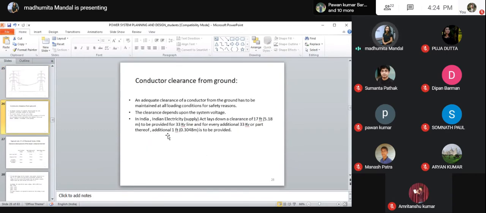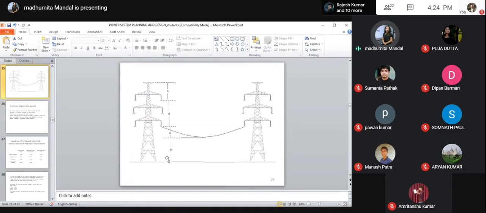Let us discuss the clearance from the ground. Clearance from ground is always considered as the clearance between the lowest point and the ground. Here the ground is shown horizontal, but in hilly areas the ground will not be horizontal, isn't it?